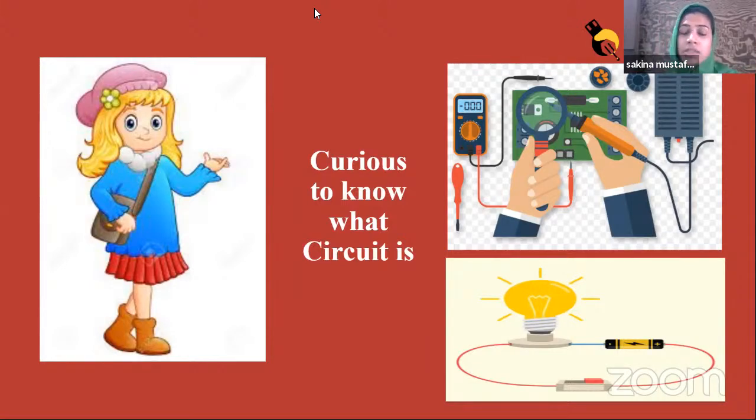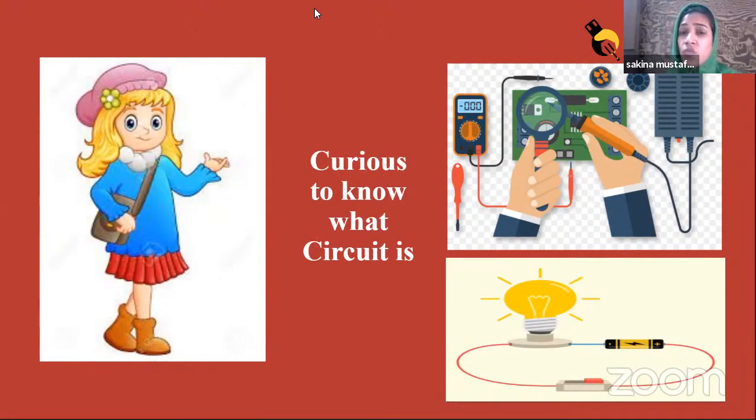I was sitting next to him, very curiously looking at what he was doing, and how he was soldering the wire, and then checking the current and everything. There was a board of electronics.